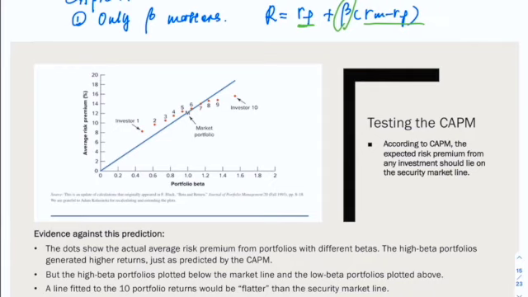That's the first thing that the CAPM tells us. The second thing that the CAPM tells us is that return is increasing with beta. The higher the beta we have, the higher the exposure to market risk, the higher the expected return we require in order to be compensated for the higher risk.